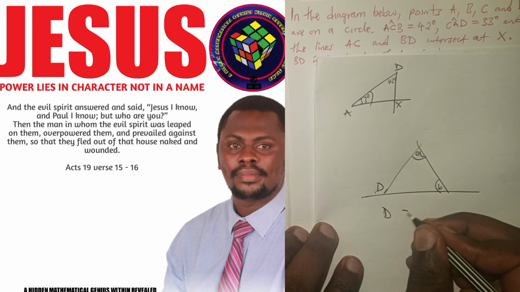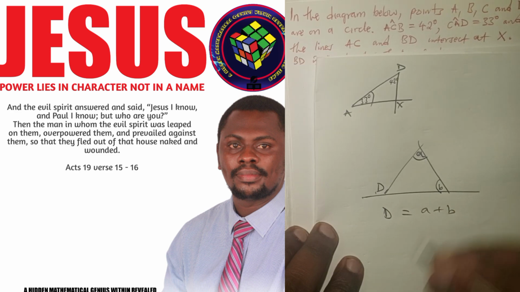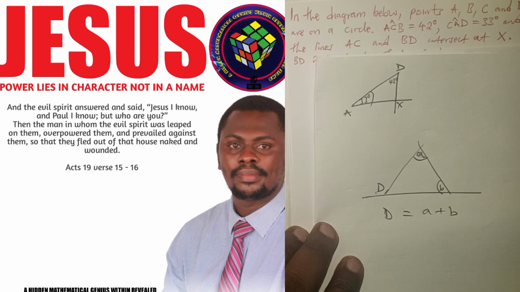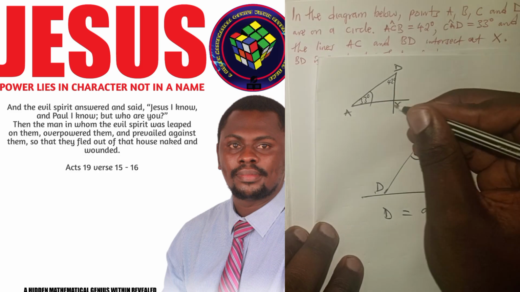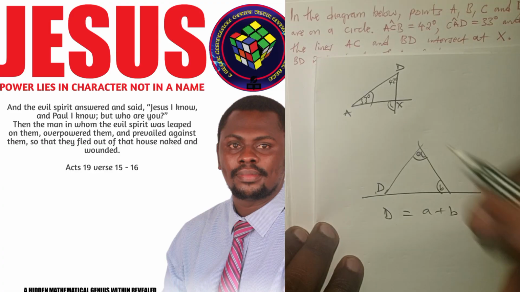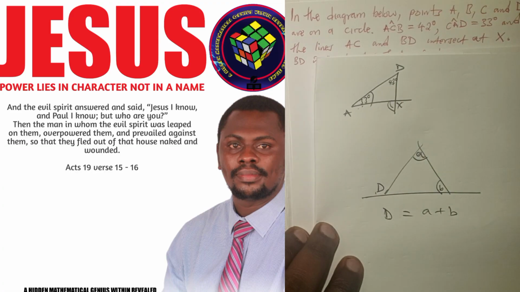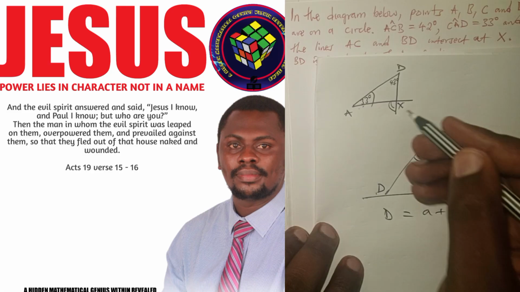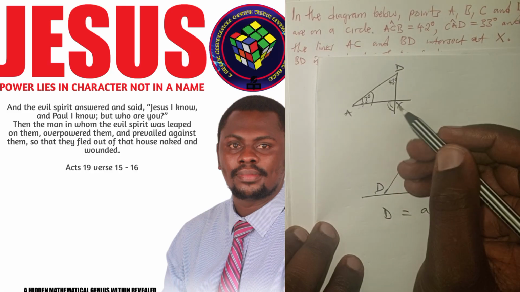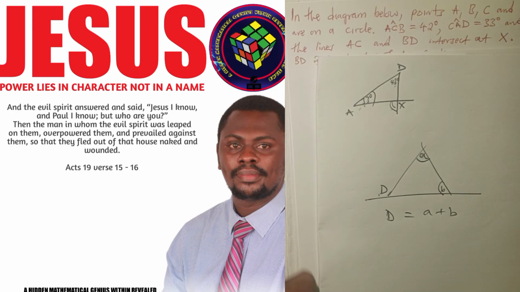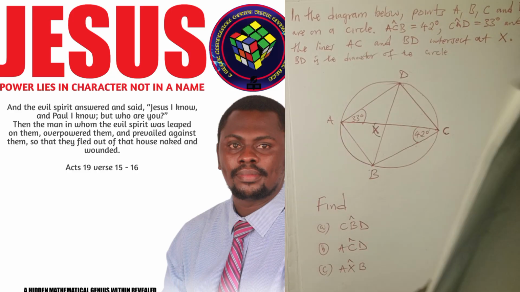So D is equal to A plus B. So the angle here is equal to just the sum of 33 degrees plus 42 degrees. That is, the opposite exterior angle is equal to the sum of the opposite interior angles of a triangle.